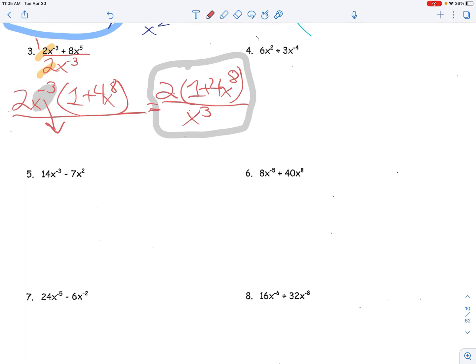It says here in the directions, factor each expression. Don't take the negative exponent and make it positive first. That's a common mistake. Factor the expression first. And how are we going to do that? GCF action.